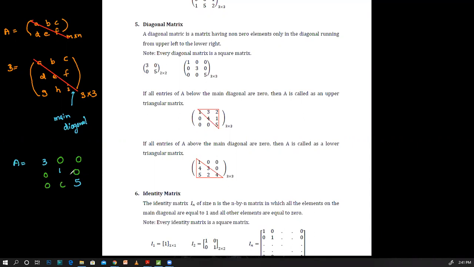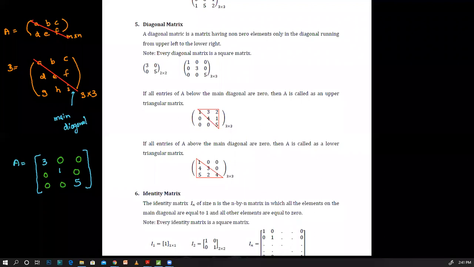Now you can see that only the diagonal elements are non-zero values, and apart from these diagonal elements, all the other values are zero. In a situation like this, taking the main diagonal from top left to bottom right, only the values on the diagonal are non-zero, but the values apart from the main diagonal are zero.